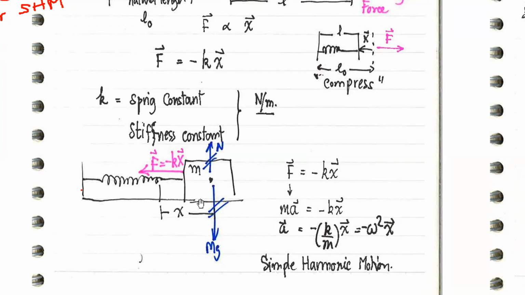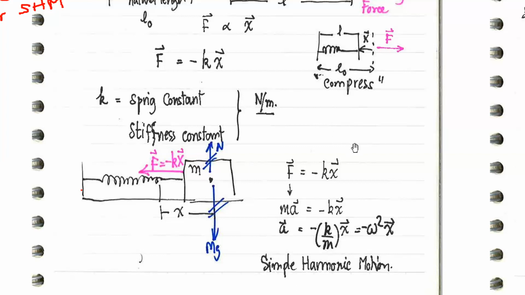If you pull that mass out by a distance x, there is a restoring force F equals minus Kx. According to Newton's law, F equals ma, so the acceleration is minus K over m times x.